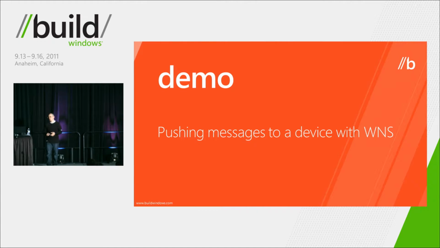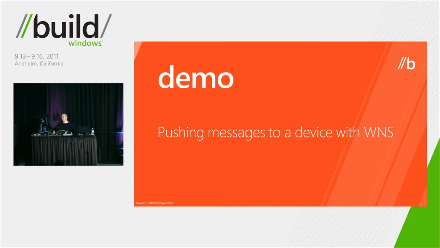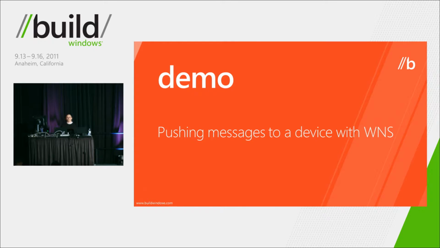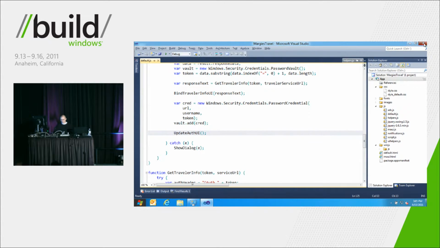And so with that, I wanted to give a demonstration of what it looks like to use the Windows notification service to push data to a Windows 8 app. So let me switch back over. And let's close this.